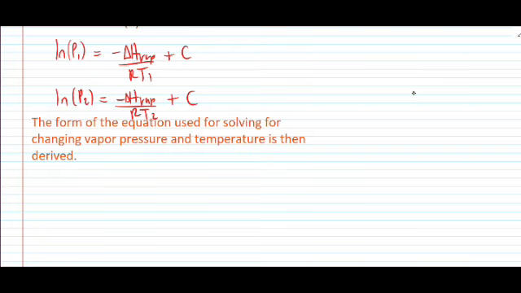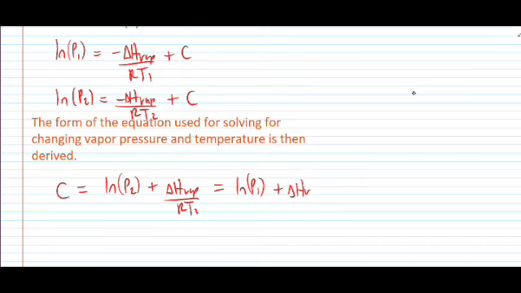So I'm going to say that the constant is equal to natural log of pressure 2 plus delta H of vaporization over RT2, and that equals the same constant, natural log of pressure 1, plus delta H of vaporization over RT1, and setting those equal to each other. So I solve for the constant for P1, solve for the constant for P2 and T2, and I set those equal to one another.